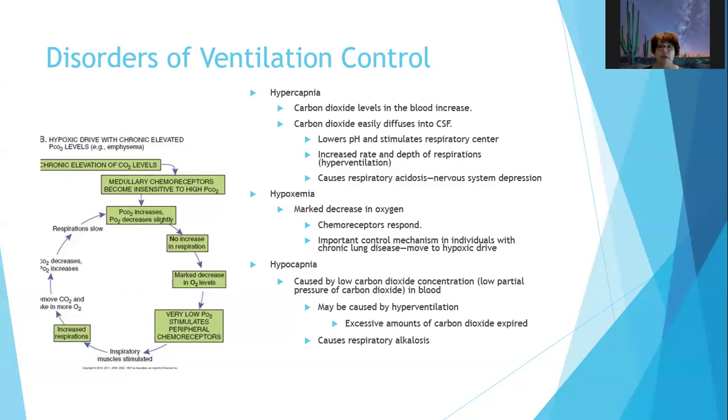So when people die of an opioid overdose, they die of respiratory acidosis. That's what really happens. Hypoxemia is a marked decrease in oxygen in the blood. The chemoreceptors respond to that. And with people with chronic lung disease, the hypercapnic drive doesn't usually work because they have trouble breathing out if it's an obstructive disease.